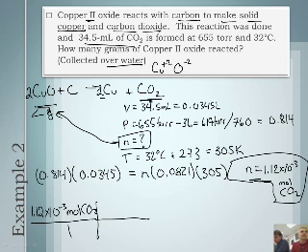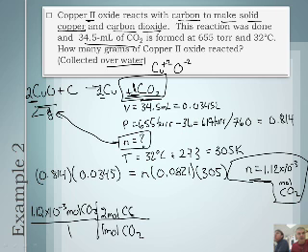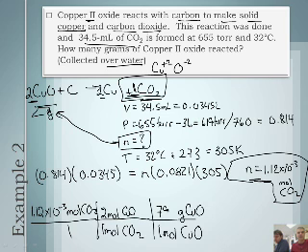So I'll use my mole to mole ratio: 1 mole of CO2, and that 1 comes from the balanced equation, to 2 moles of copper 2 oxide. Now I'm going to use the molar mass of copper oxide: 1 mole of CuO to 79.5 grams of CuO.